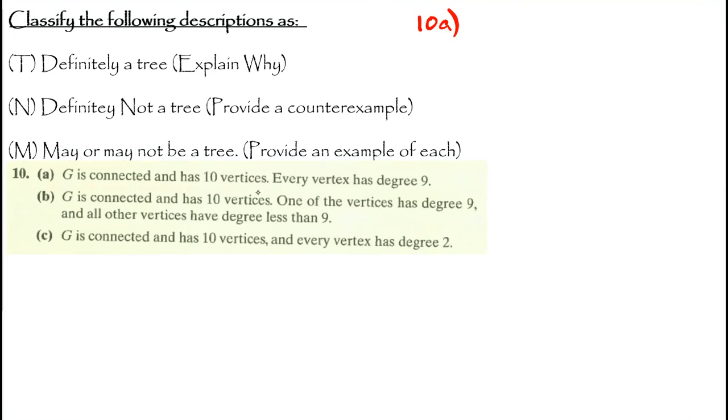G is connected and has 10 vertices. Every vertex has degree 9. So definitely not a tree.